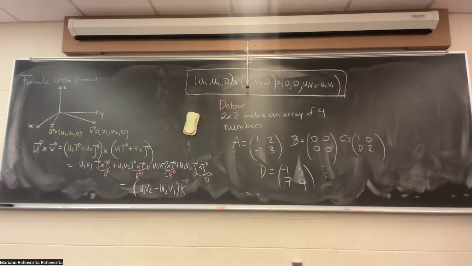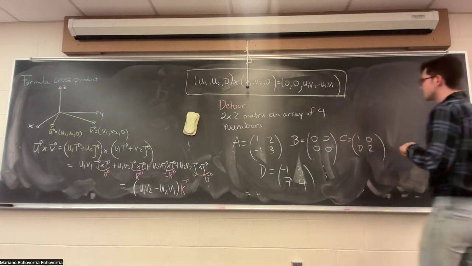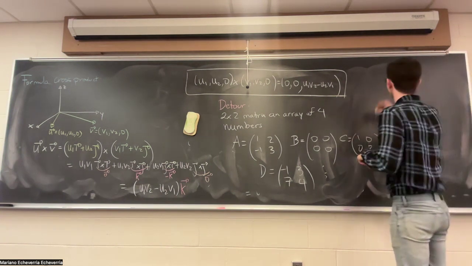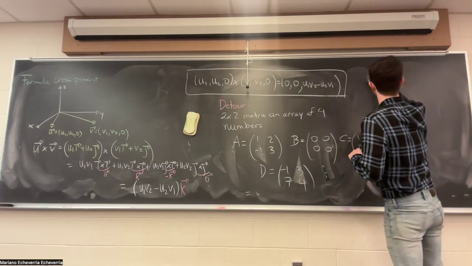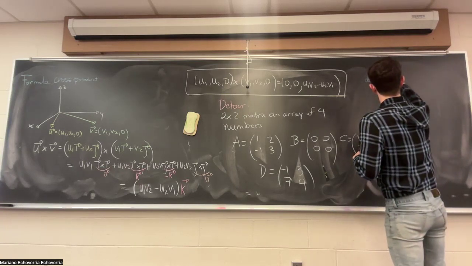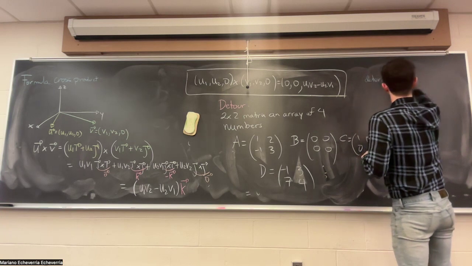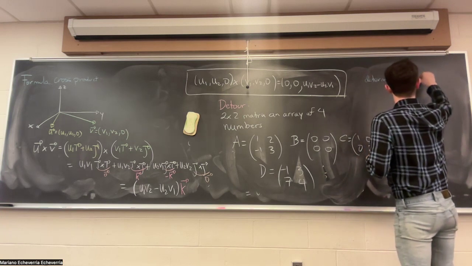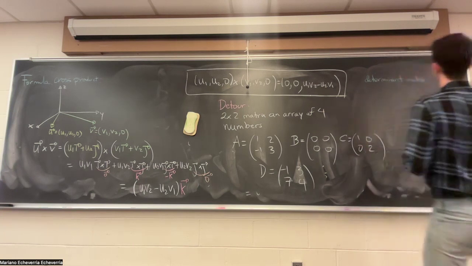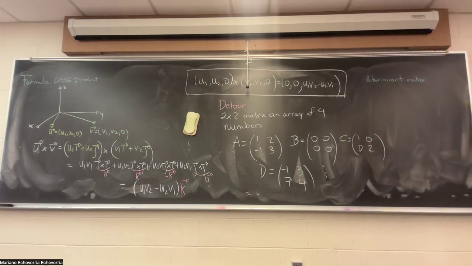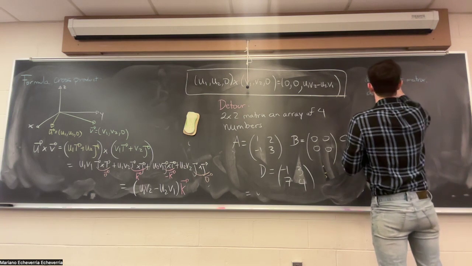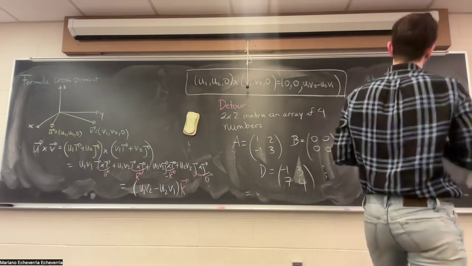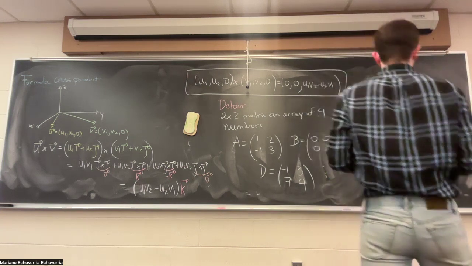And then the determinant of a matrix. What's the determinant of a matrix? It's called det of A, and that's just a number.